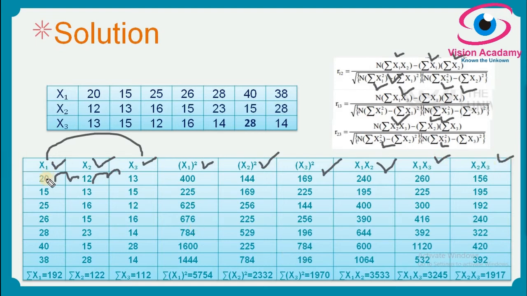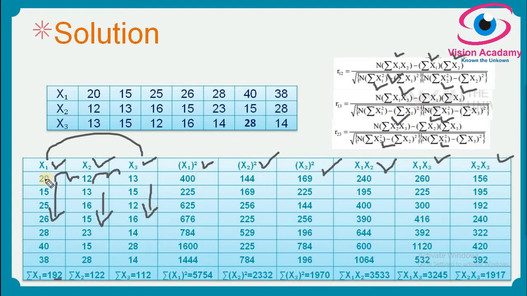Firstly I have totaled this, so that I got summation x1 as 192, second variable total summation x2 is 122, third variable total summation x3 is 112.